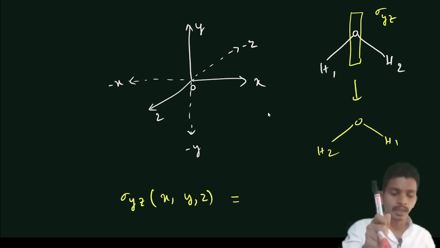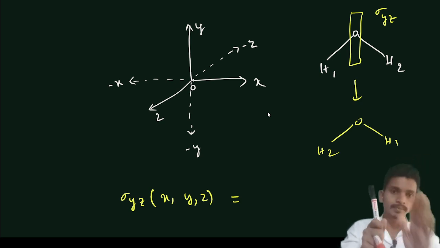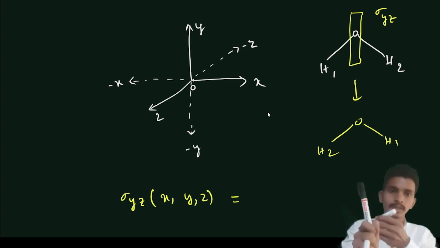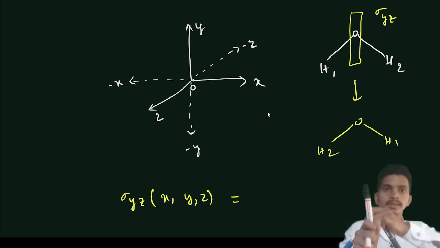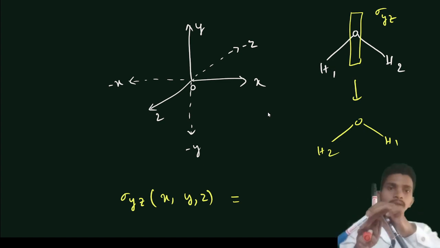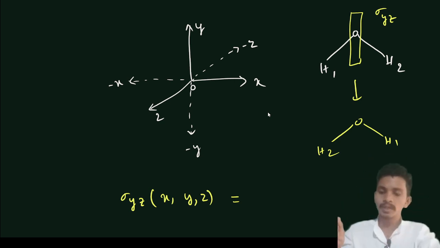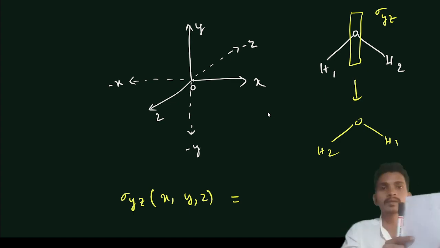Now if any molecule is there, and you are applying the plane in these directions, here a water molecule is there, like this. Now if you are applying this yz direction, the plane is like this.